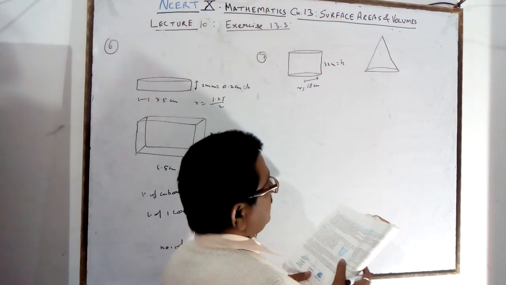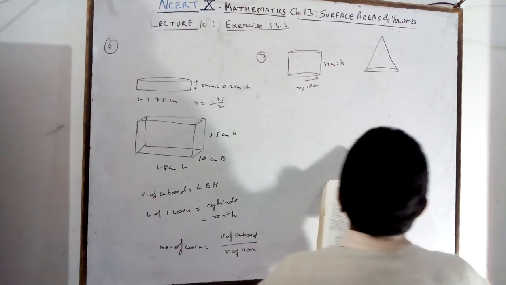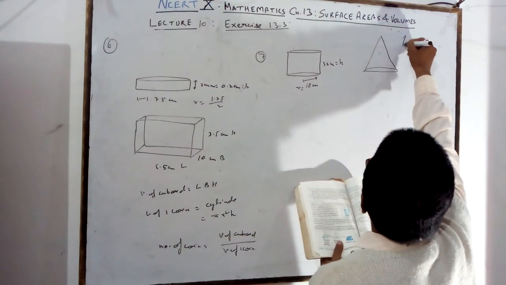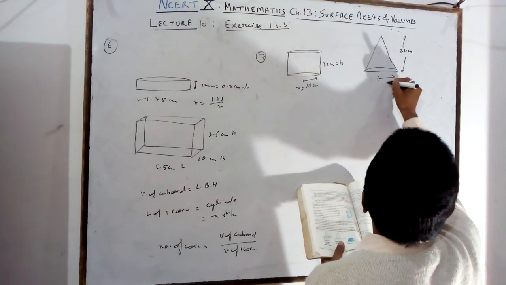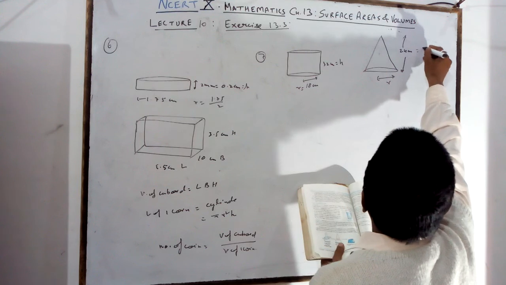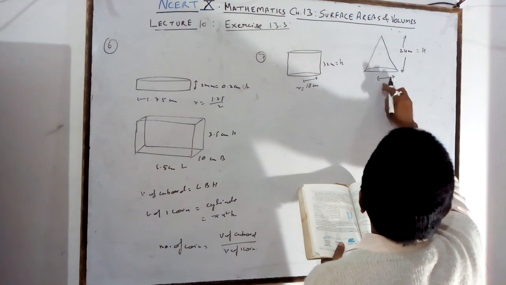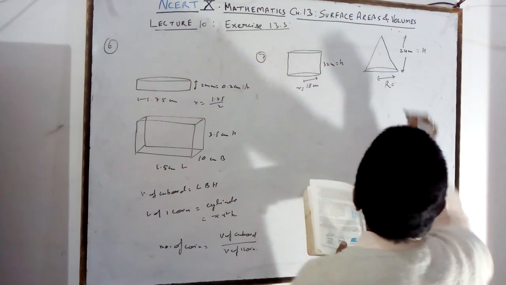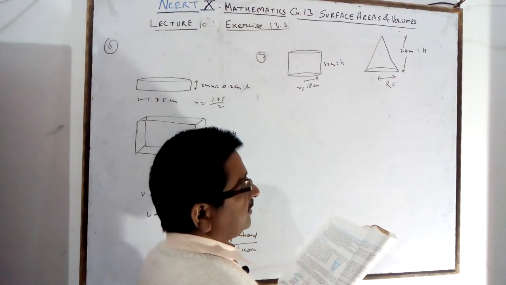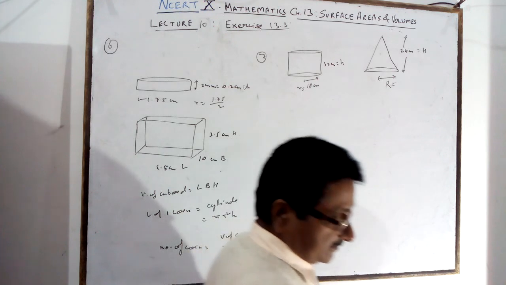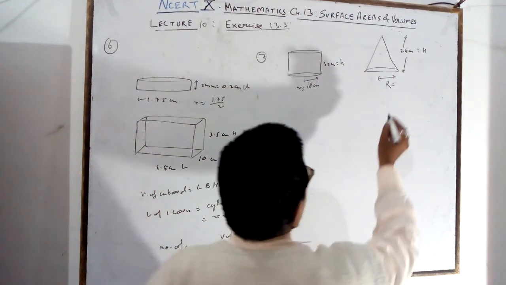If the height of the conical heap is 24 centimeters, it is the height and it is the capital R, you want to find out the radius and slant height of the heap.